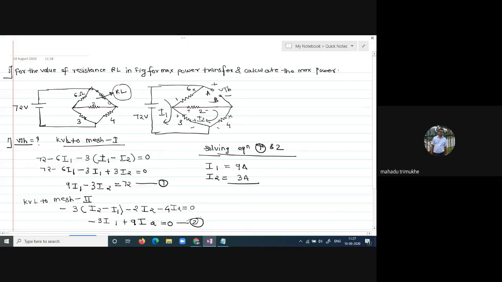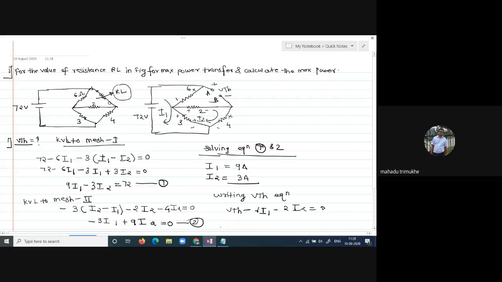So writing a KVL VTH equation here: VTH minus 6 I1 minus 2 I2 is equal to 0.